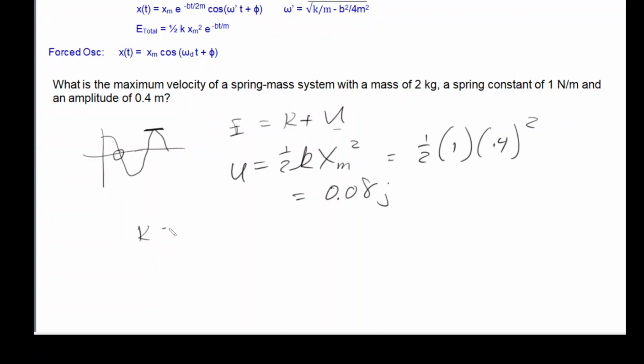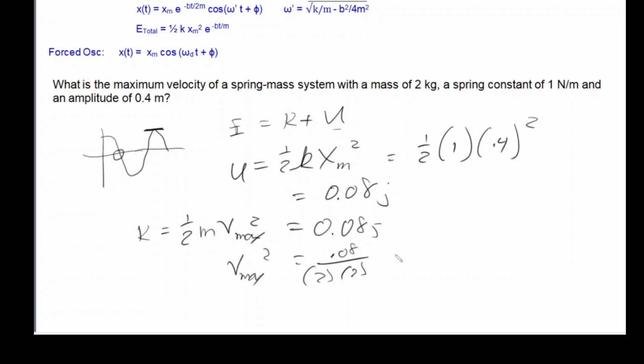So kinetic energy is given as 1/2 m v max squared. So that will now become equal to 0.08 joules. And if we solve for v max squared, that becomes 0.08 over 1/2 times the mass, which is given as 2, which is 0.08.